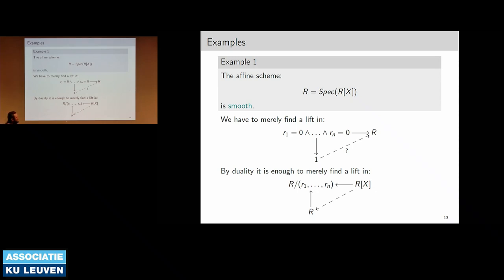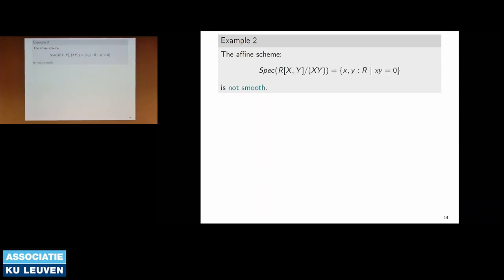And well, the spectrum of R is obviously 1. And so then in order to find a lift, we just need to find a lift here, but this map here is surjective, so we can find such a lift. Okay, so now let's look at a non-example. Here the proof will be perhaps a bit more surprising.